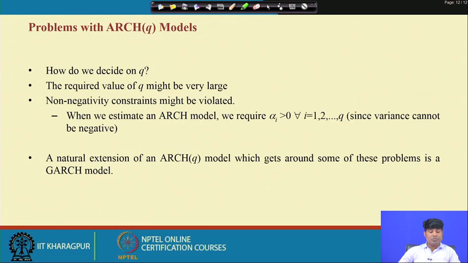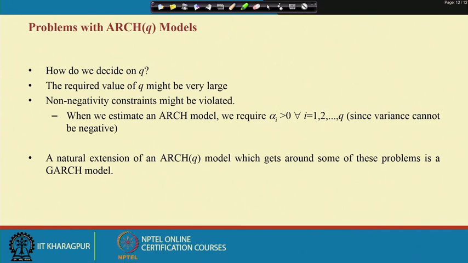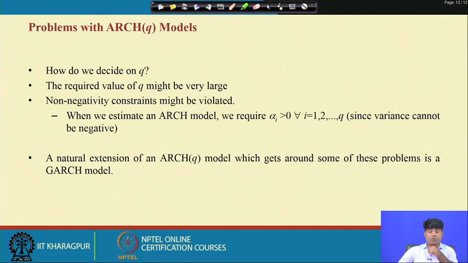non-negativity constraints might be violated. So, technically since we are squaring, by default negativity will not be there. When we estimate an ARCH model, we require this alpha i should be greater than or equal to 0. Okay.